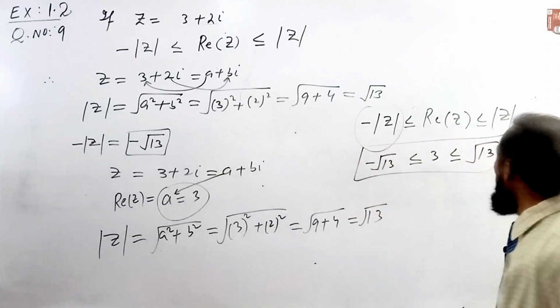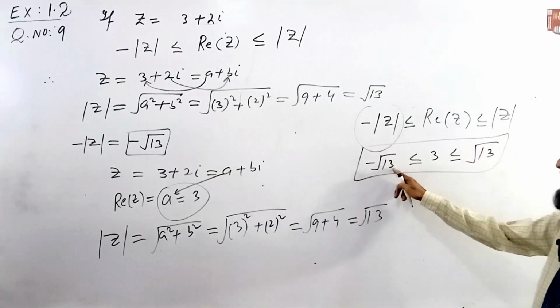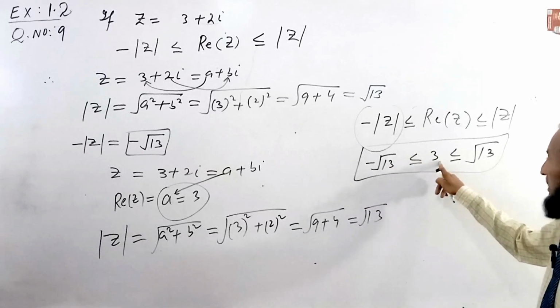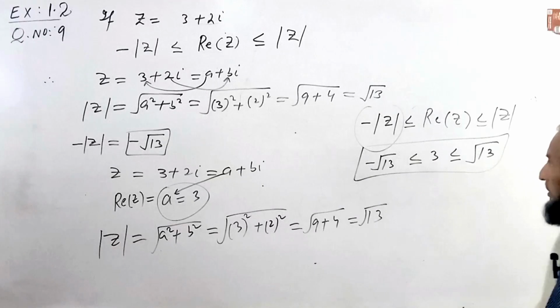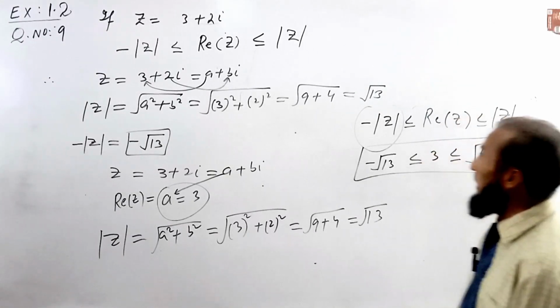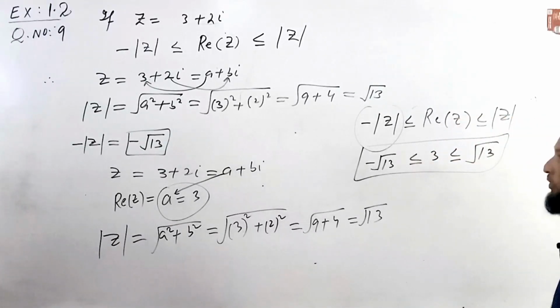It means that minus root 13 is less than this result and 3 is less than this result. So we can verify the above.